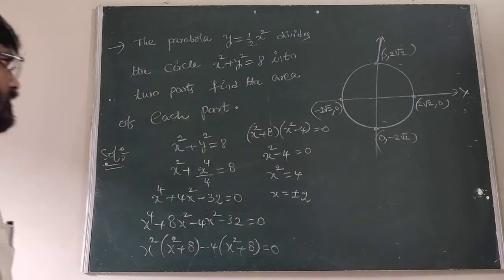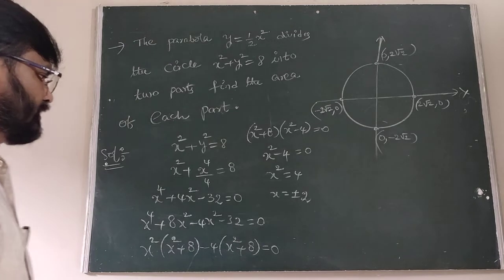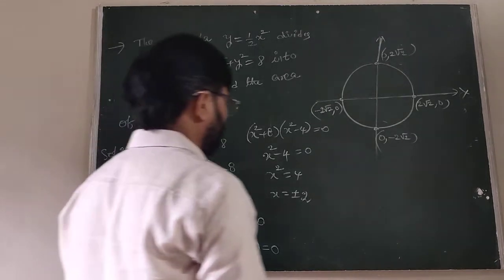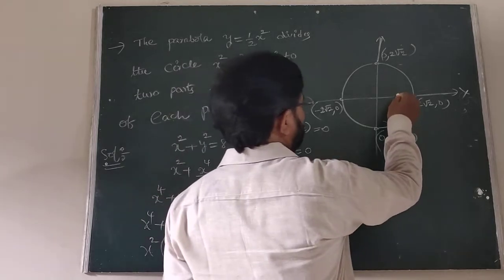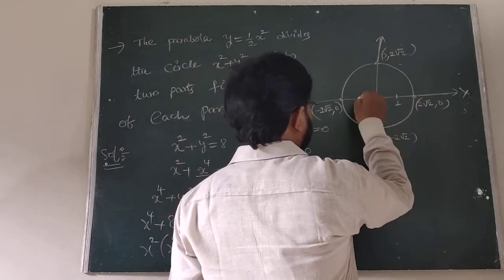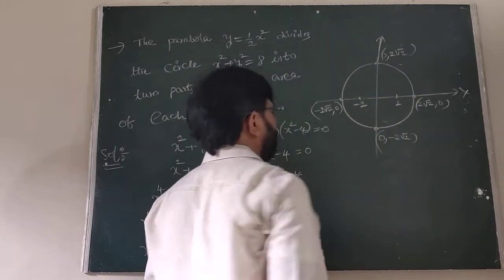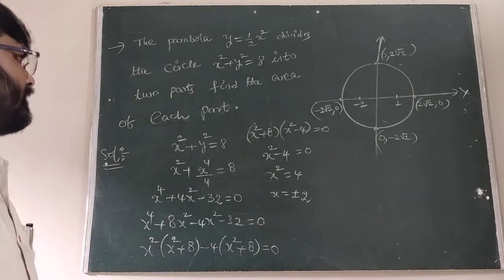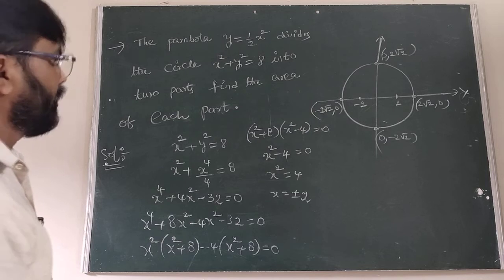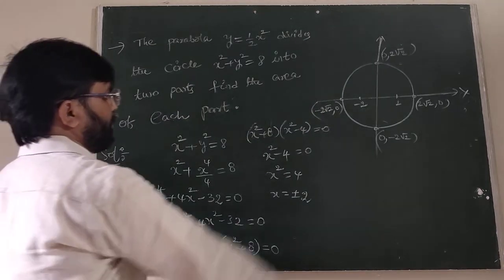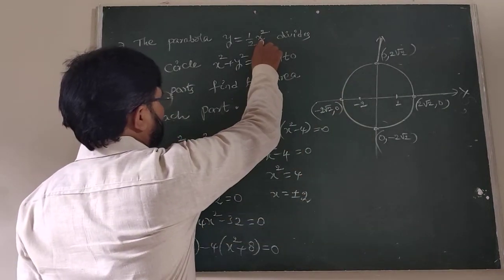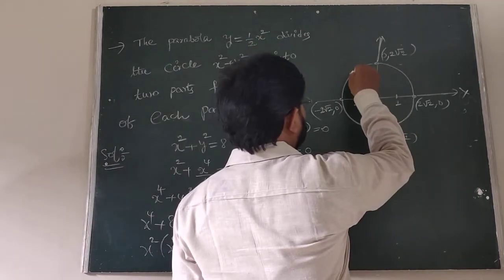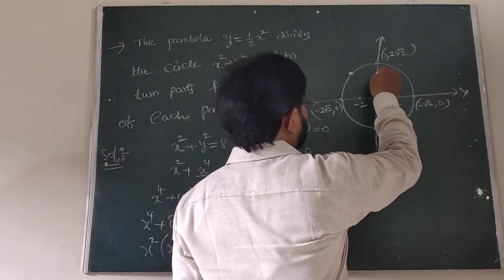This is the point of intersection. Therefore, when we take x equal to plus or minus 2, this is, you can take 2. This is the minus 2. Okay, students, x equal to 2 and y equals 2. Therefore, when we take x equal to minus 2, whole square is 4, 4 by 2, that means here this is 2 undoubtedly.